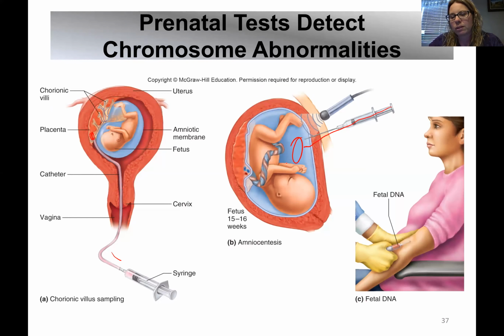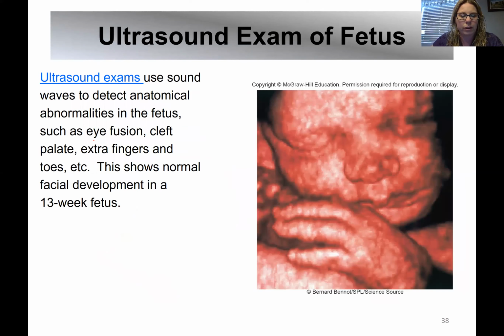Both of those procedures come with significant risks. This can actually rupture the bag, and then delivery would need to take place. And this can cause some issues as well. So the cell-free fetal DNA is a much safer method. Here's a 13-week fetus that shows normal facial features.